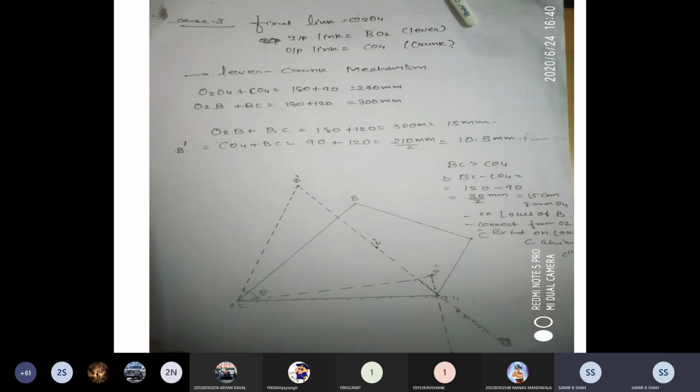Please find B dash first. Then I'm talking about the output link.